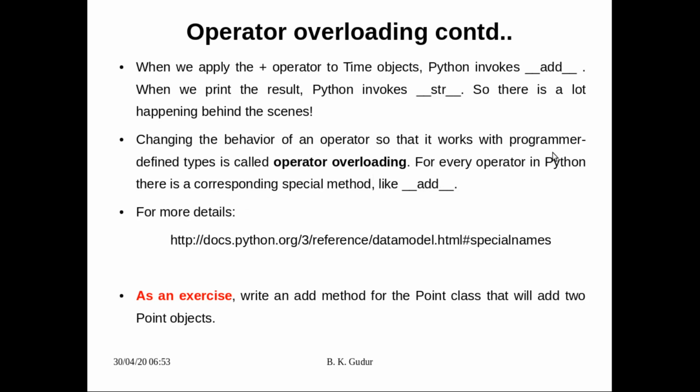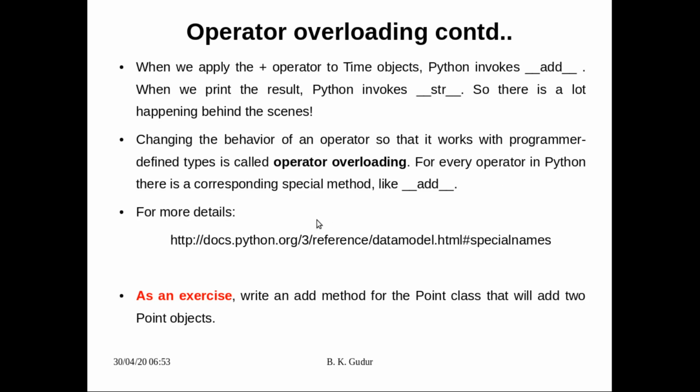For every operator in Python, there is a corresponding special method like __add__, which we can override to do other activities, such as adding two time objects here, and if we apply this to a point class, there we can add two points. This special method is available in Python for every operator.